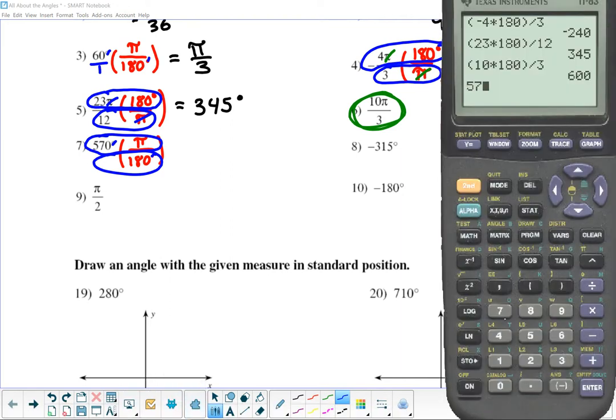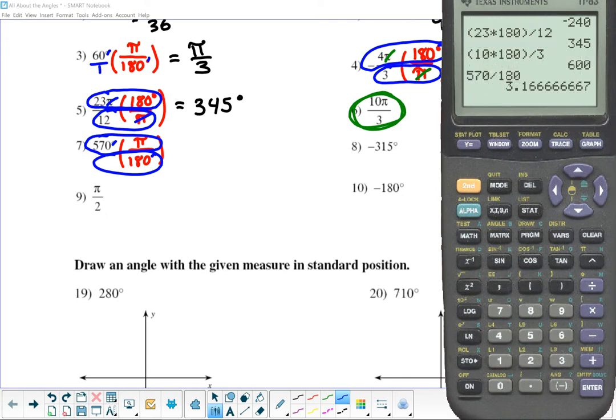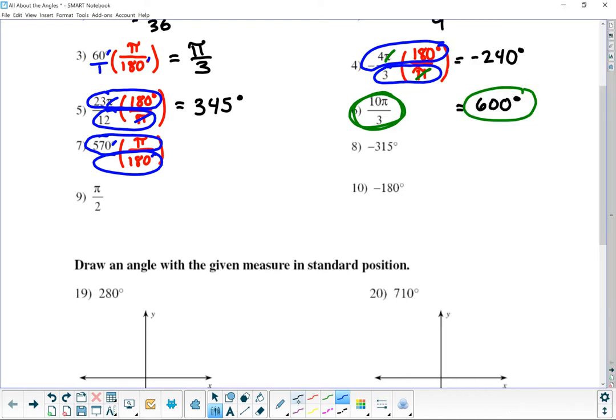So 570 divided by 180. I'm going to hit enter, and then it's 3.1666. I'm going to hit math, convert to fraction. That tells me it's 19 over 6, or 19 pi, because remember, we still have the pi in there, over 6.